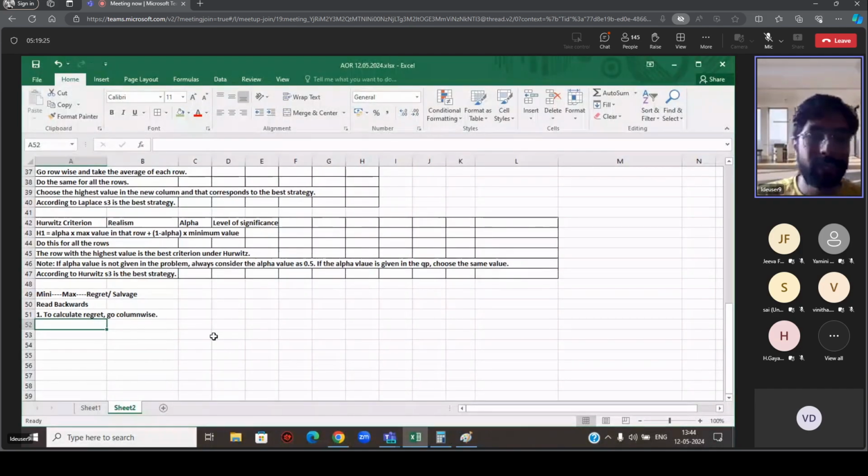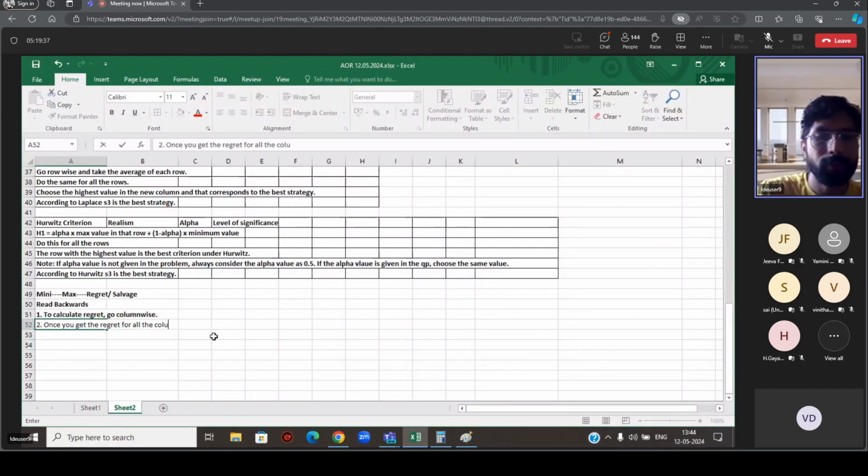This is very important. Second, once you get the regret for all the columns, proceed with choosing the maximum value in each row.